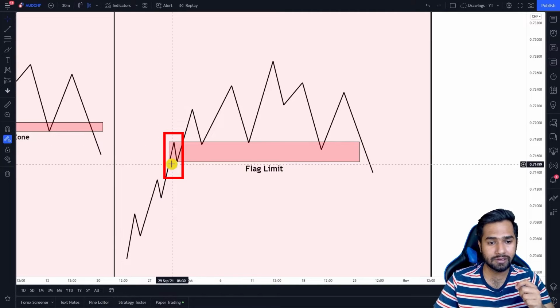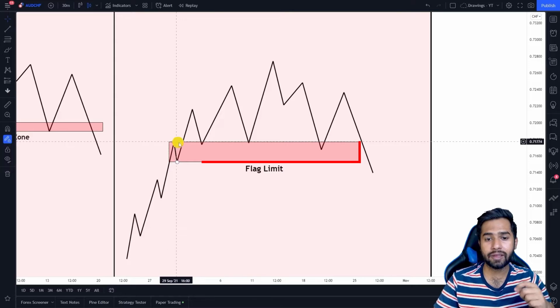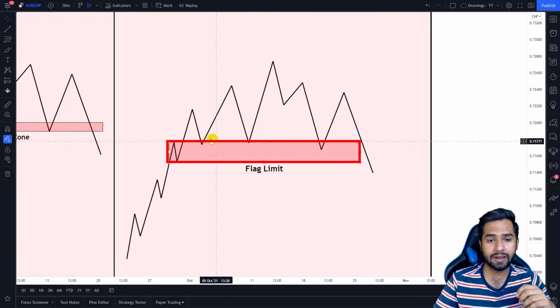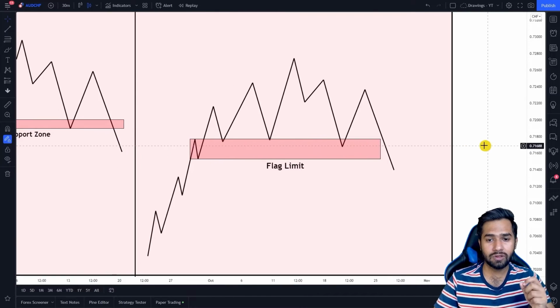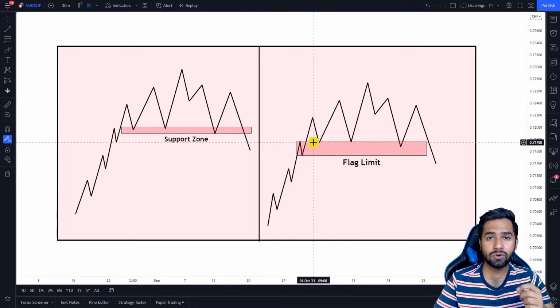The market went from this level to here, then here, and so market was holding the price in this zone. That's why the flag limit zone is forming here, and after that we can see the market bouncing back from this level or this zone. So this is the formation of flag limit zone, in which it is holding the price in the upward or bullish direction, and similar to the case here in support zone.